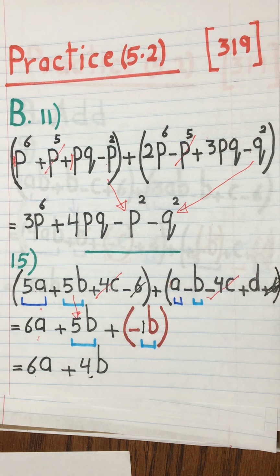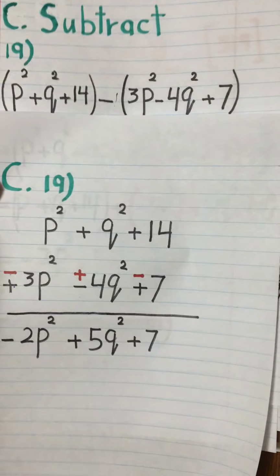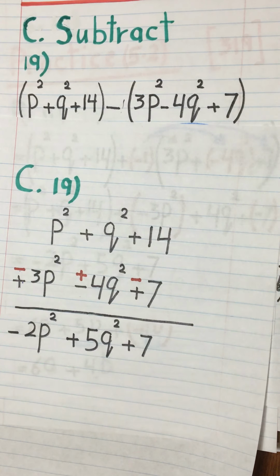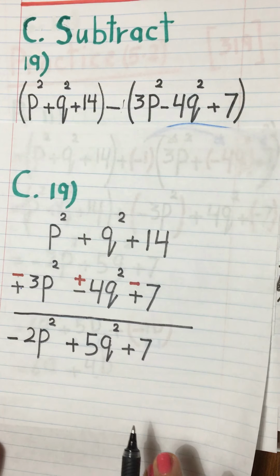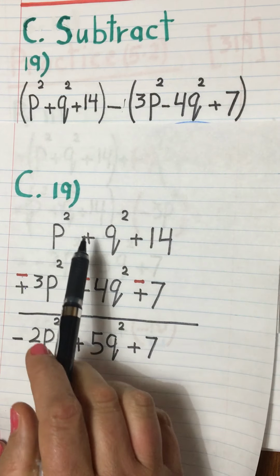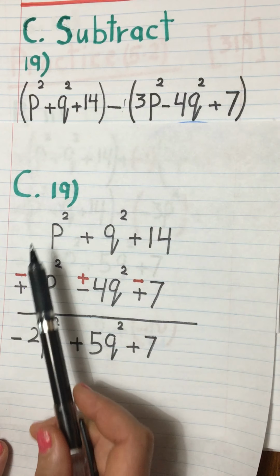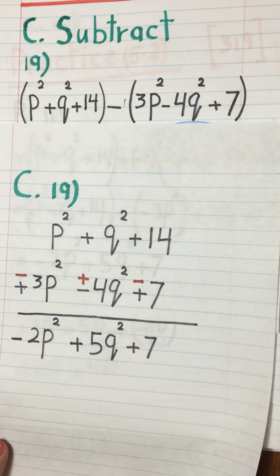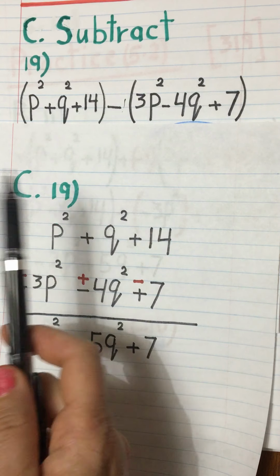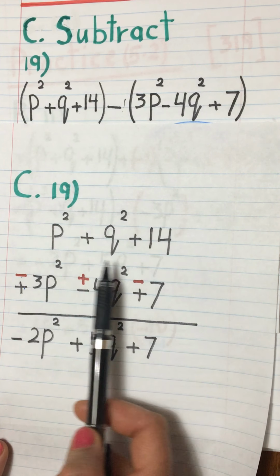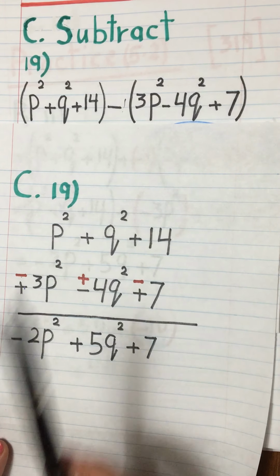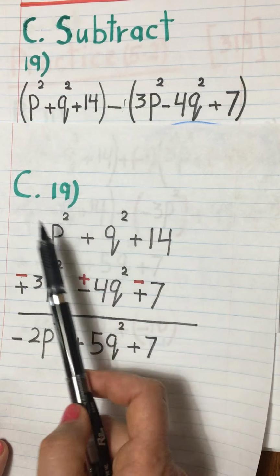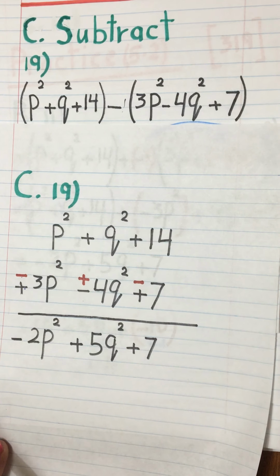Subtract. The question is, subtract p squared plus q squared plus 14 minus this parentheses. I can do it vertically. I write down the first polynomial, I can call it a trinomial too, and the second one. Be careful, guys, always write like terms under each other.